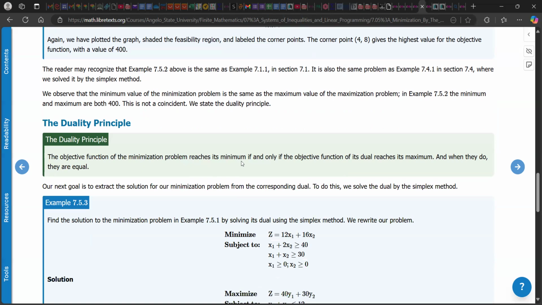The maximum and the minimum are going to be the same. Whatever value you have as a maximum is also the solution to the minimum problem. The only thing you're not getting from the graphical approach is when that minimum occurs.